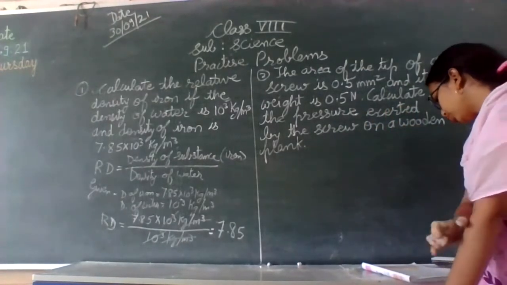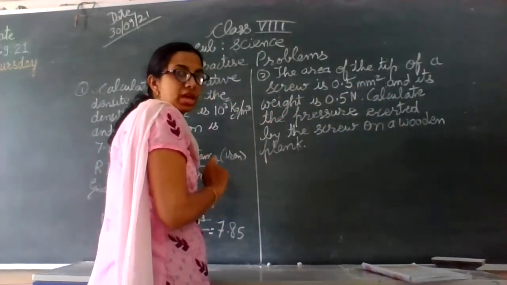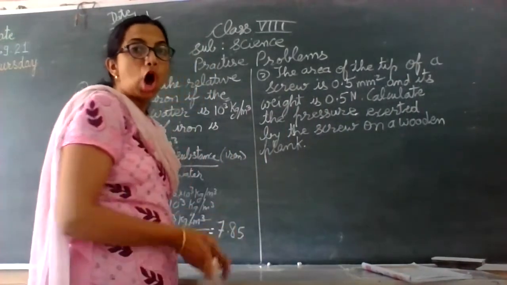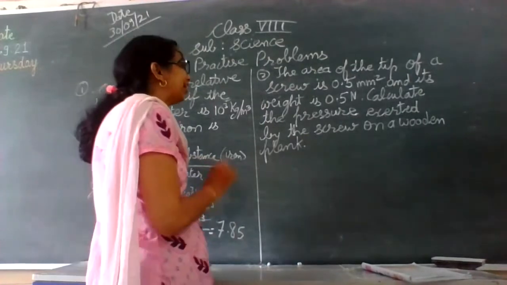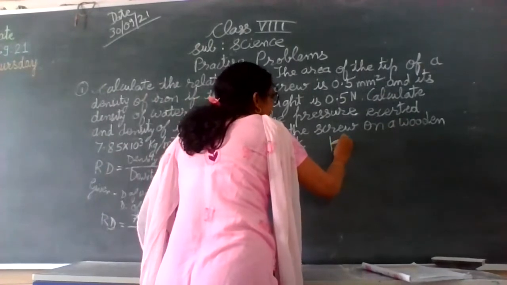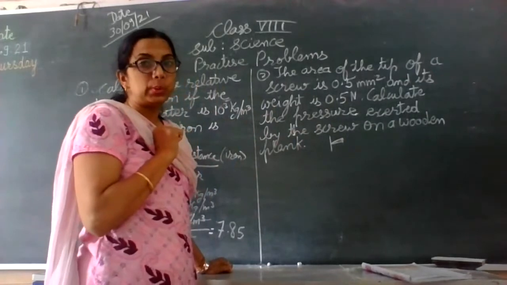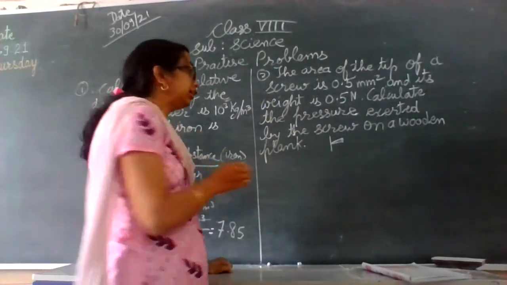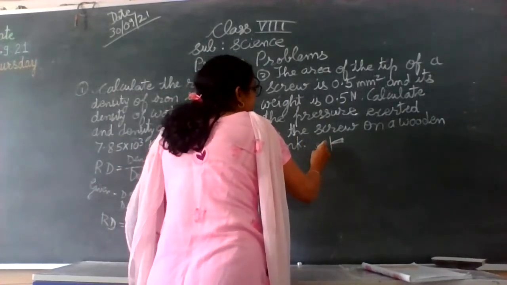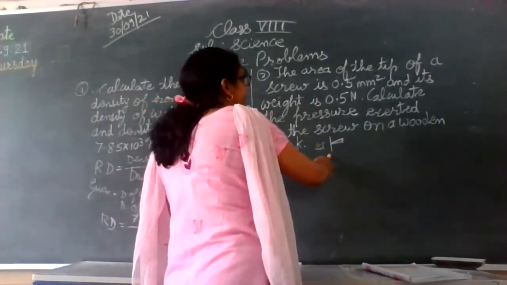What we have to do now is calculate the pressure exerted by the screw on the wooden plank. So we can imagine that there is a wooden plank and a screw is to be inserted into it. In that case, the tip of the screw has 0.5 millimeter square area touching the plank.